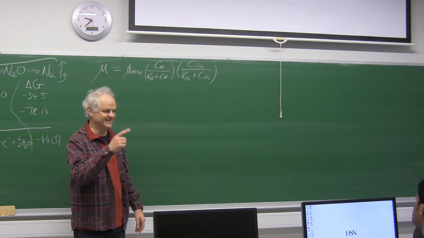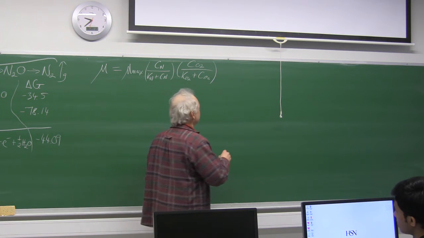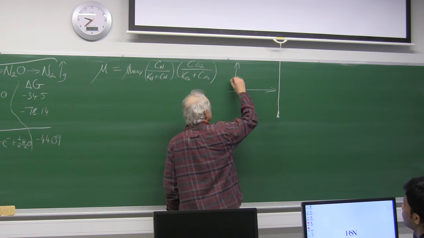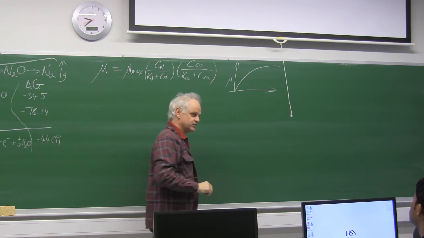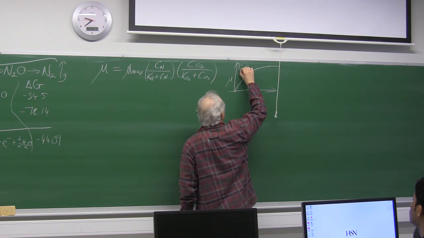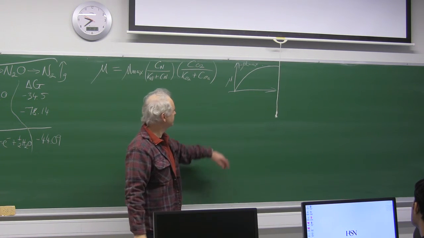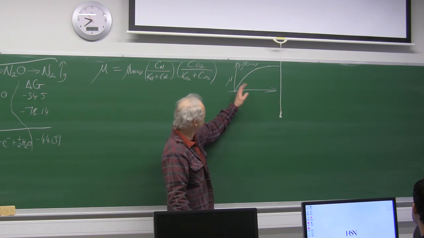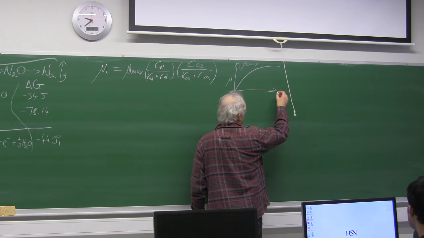I want the number. Okay, now then let's just go back to the definition. We have rate, and we have the saturation function, and we have mu max, and the book says mu max occurs when oxygen is above 4.